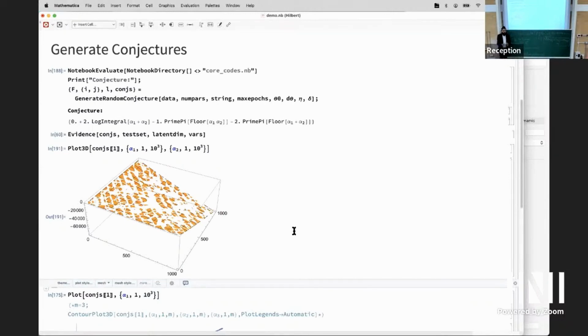Again, just to emphasize, this is a conjecture. This may not turn out to be true. I just want to have a guess how many queries to the log integral function and the prime function.